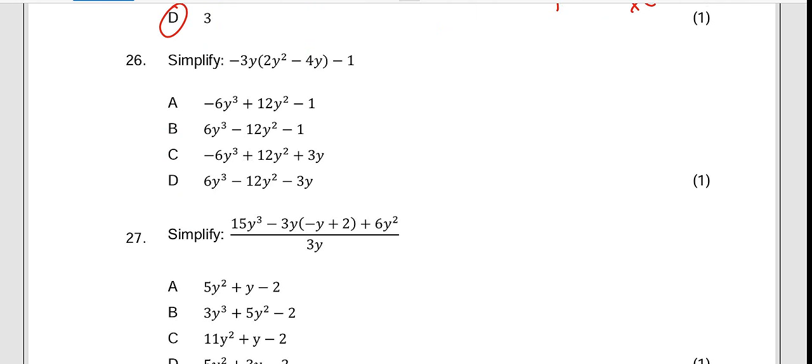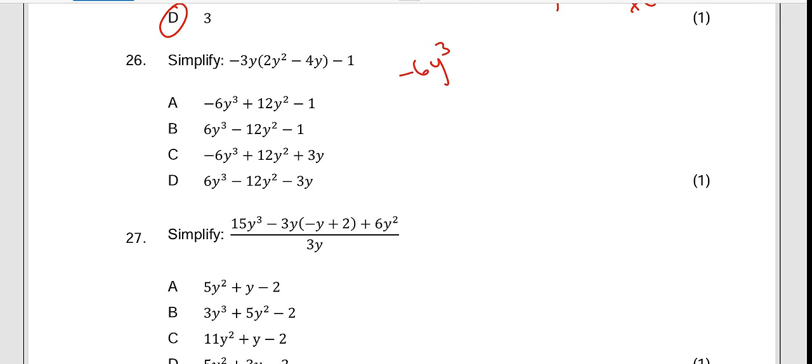Number 26. Simplify. I will use the BODMAS rule here. I will multiply what is in the brackets first. Minus 3y times 2y squared is going to be minus 6y to the exponent of 3.